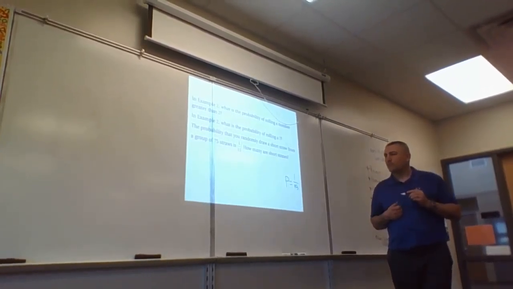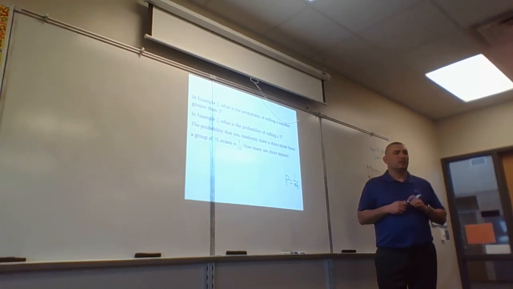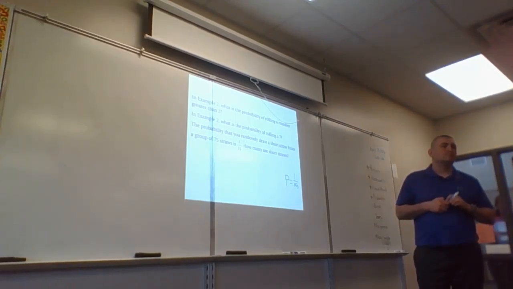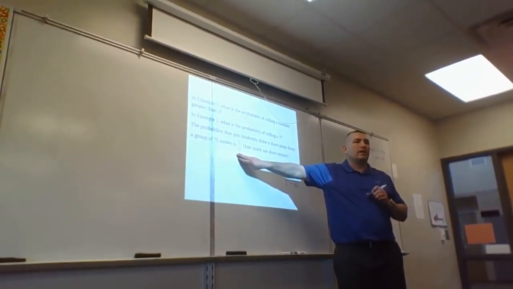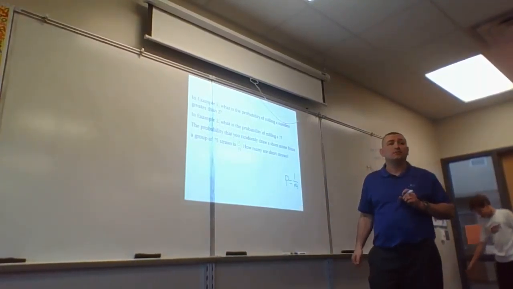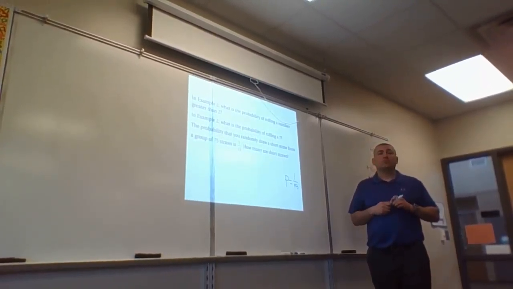Connor, what do I do next? You gave me my probability. What else do I know? You said this is my probability. What else do I know on that statement? 75. What does 75 represent? What do we call that?